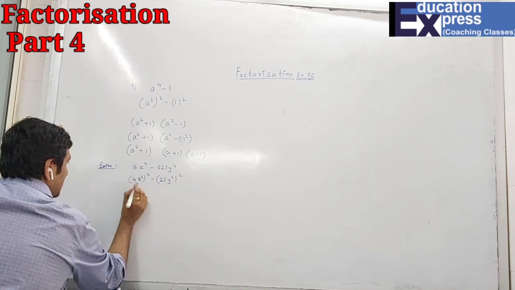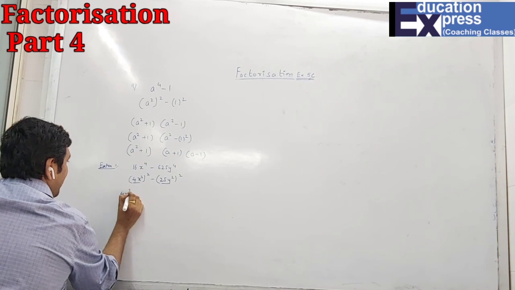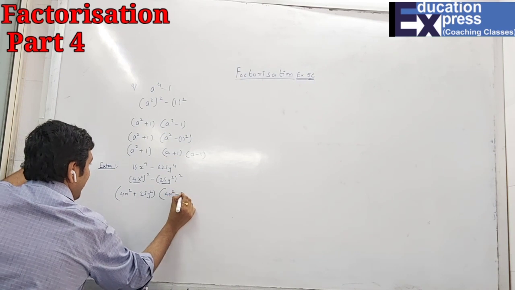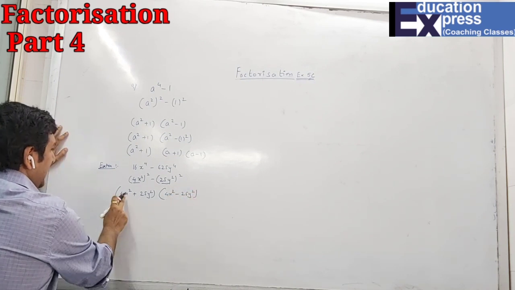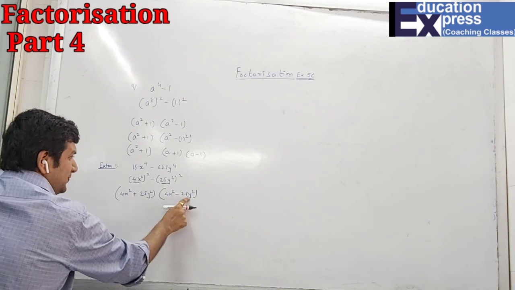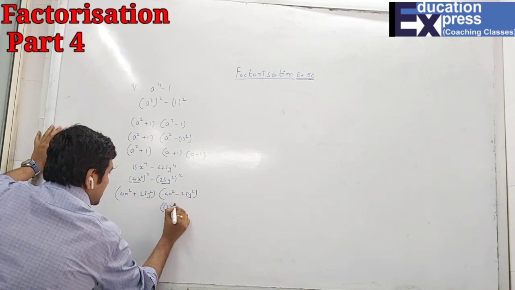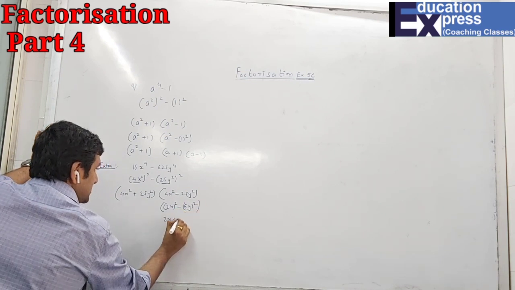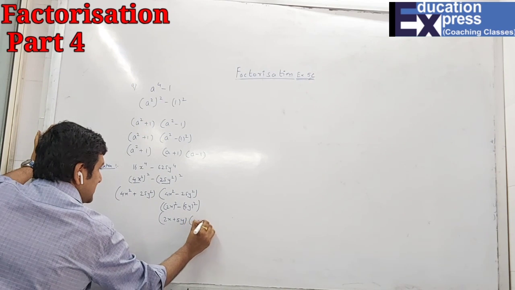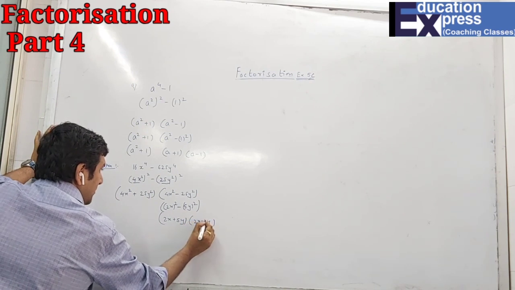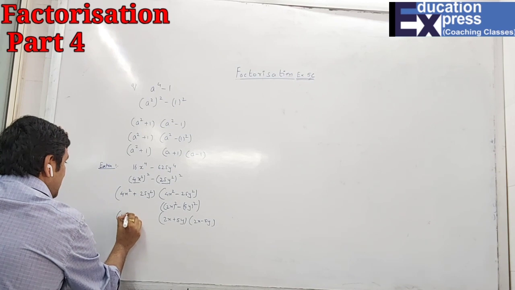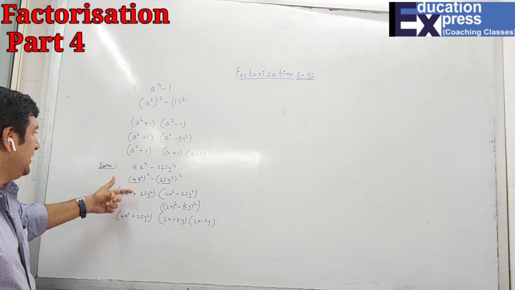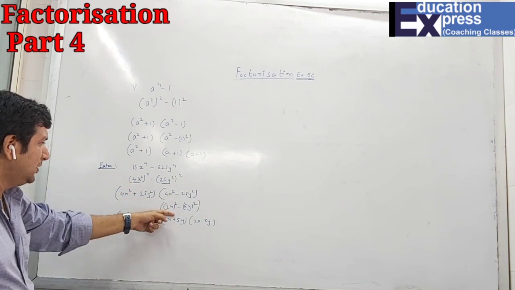So further, if you see, this is A, this is B. So A plus B and A minus B. Again, A² plus B² further you cannot solve, but A² minus B² you can solve because this is (2x)² and this is (5y)². So this is (2x + 5y)(2x − 5y). Just for example, because there is only one sum based on this concept in the textbook, I have given one more example for it. So it can be anything. That means after a² minus b², (a + b)(a − b), if further squares are possible, we should go for it.